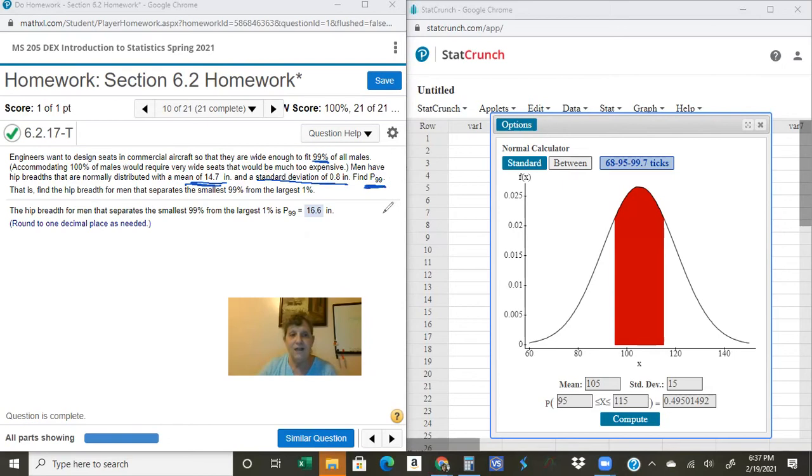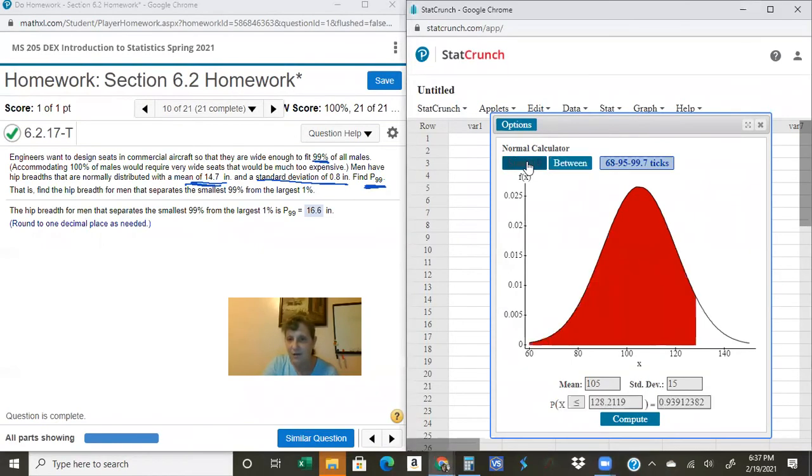And they want us to find the percentile at 99. This means to find the cutoff between the bottom 99% and the top 1%. So there's only one number I need to put in here. So I'm going to change my graph back to a single entry.